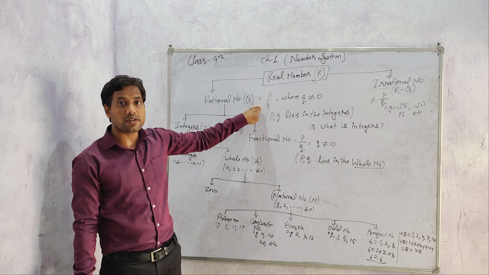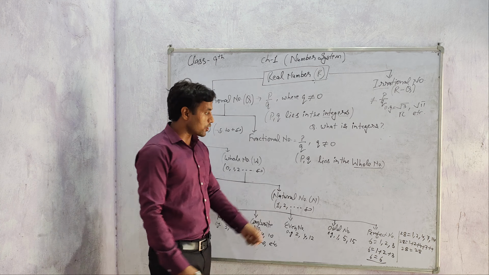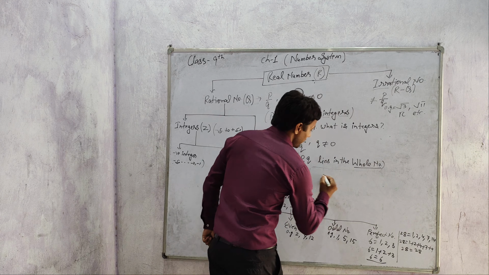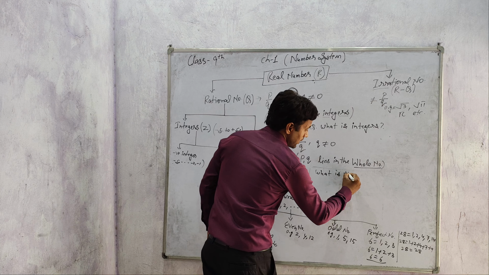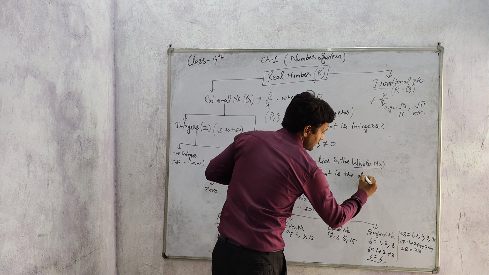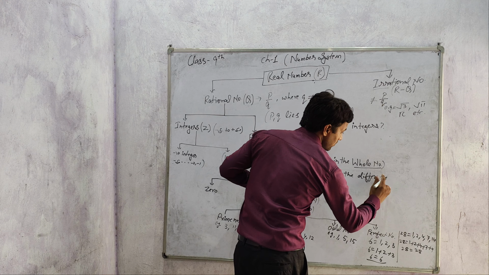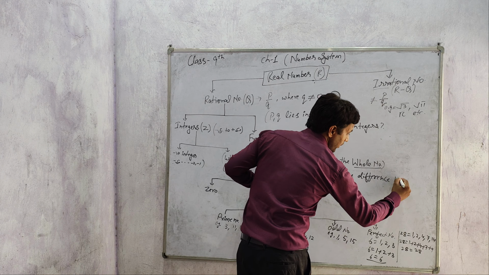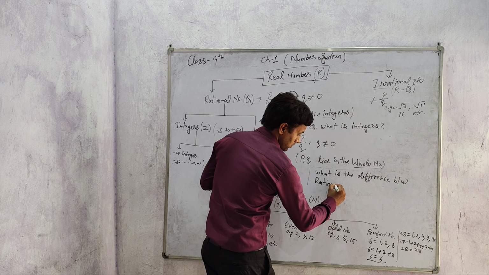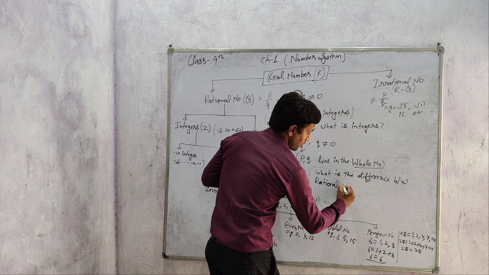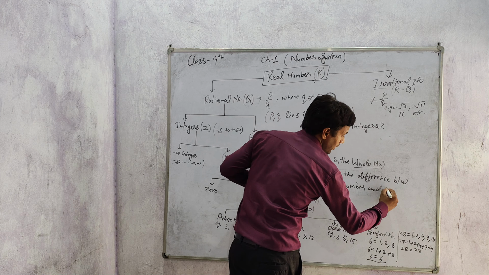If both numbers are in the form of p by q, then what is the difference between a rational number and a fractional number?